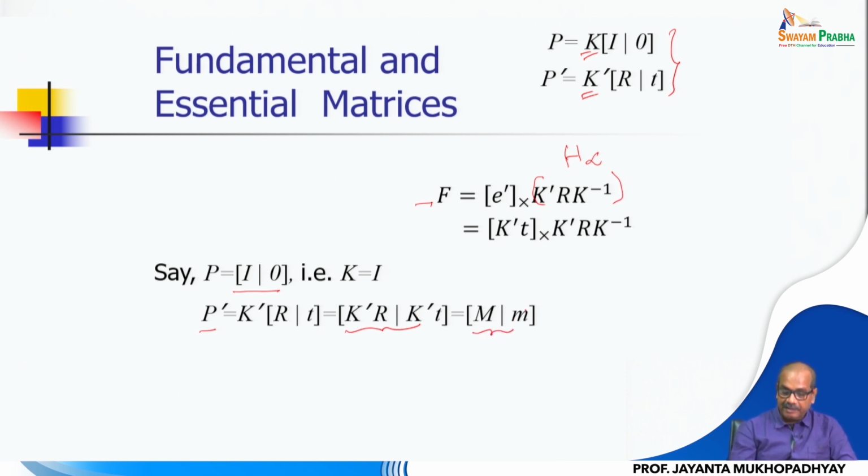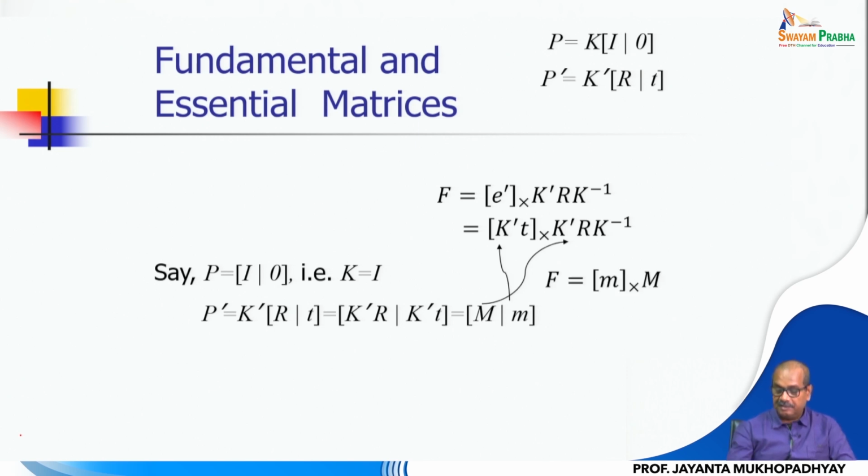Then naturally, this would be equal to K prime T, which is m, and here K prime R is also M. This M is K prime R, and K inverse, since K is identity, will not be there in the expression. So I can write it as M cross M, once again a skew symmetric matrix formed by the fourth column, P4.